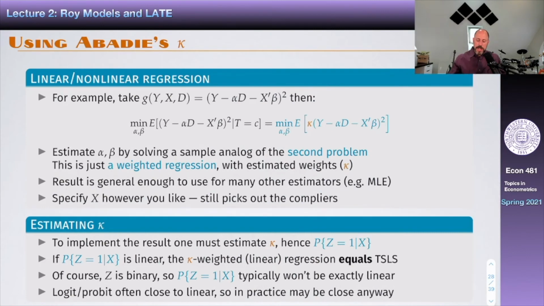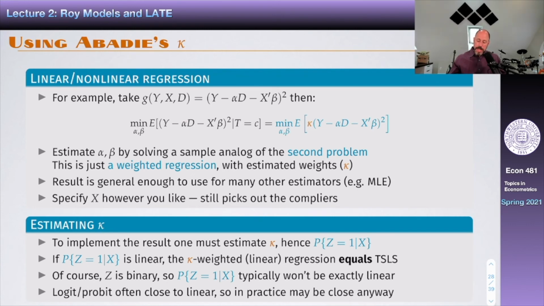So this is saying if you just minimize the squared residual, which you would do, say, if you were solving two-stage least squares or least squares if there was no endogeneity, this type of criterion function, conditional on being a complier, this is the same as minimizing the same problem where you are just weighting everything by kappa. So this is a weighted least squares problem.